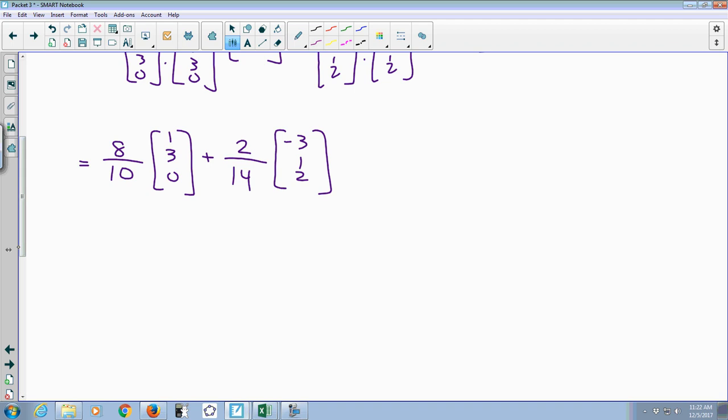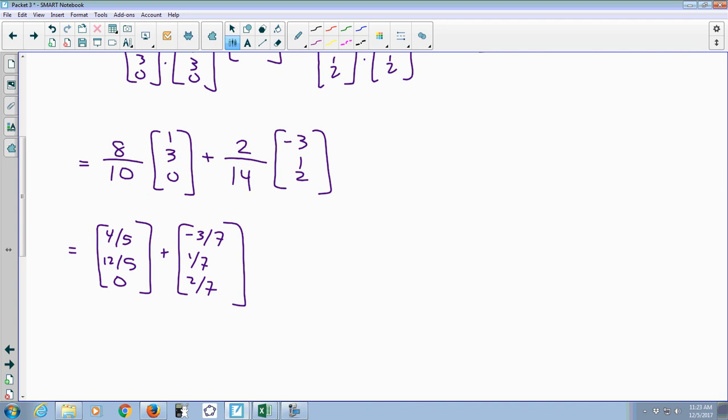Almost done. Okay, so 8/10 times 1, I'm going to reduce as I do this. 8/10 times 3 is 12/5, and 0, plus -3/7, 1/7 times 1 is 1/7, and 1/7 times 2 is 2/7.